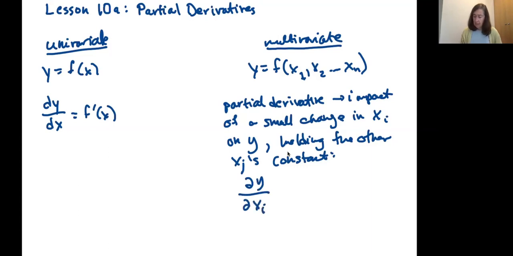Just emphasizing, the little dels there indicate that we have a partial derivative, that there are other variables that we're holding constant. So we're looking at the impact of one of the x's, and all of the other ones, we're just treating like parameters. We kind of did that a couple of times in univariate calculus.